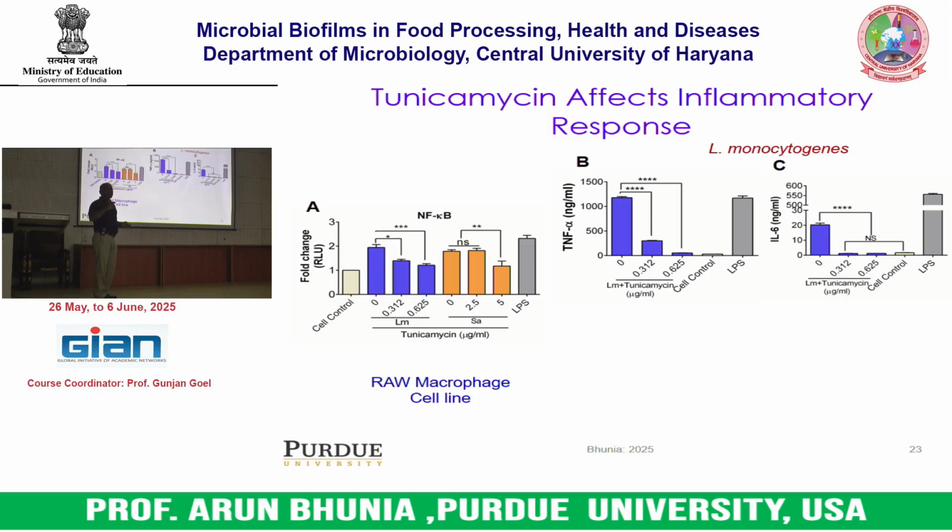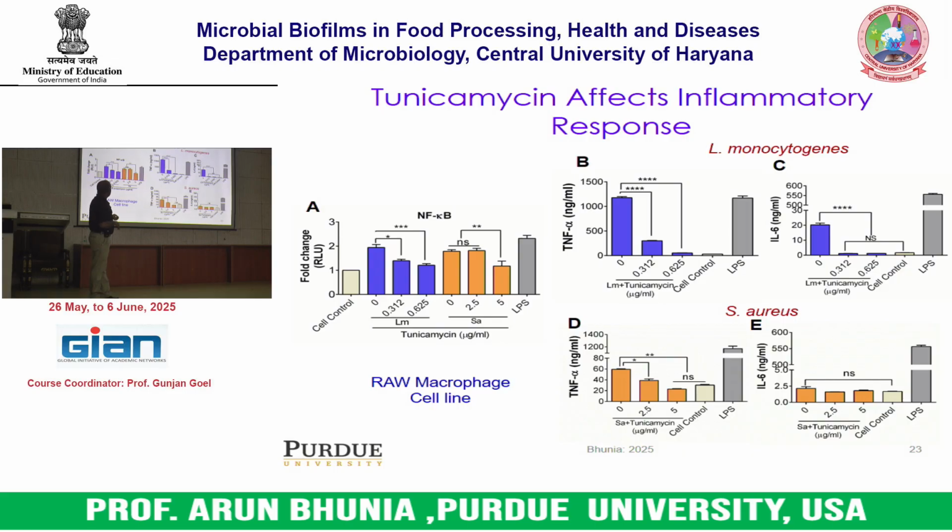They are still pathogenic, but their degree of pathogenesis is decreased significantly. This is for Staph aureus, this for monocytogenes. So just trying to point out the structural components which are integral to bacterial properties that help them to form biofilm and also contribute to pathogenesis.